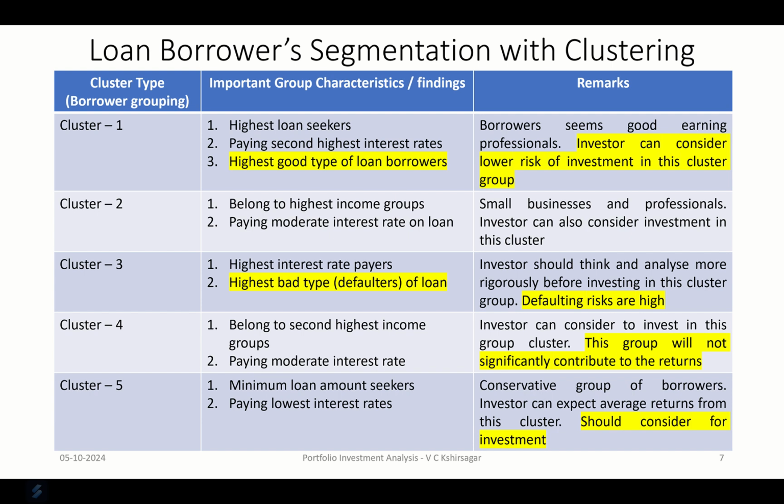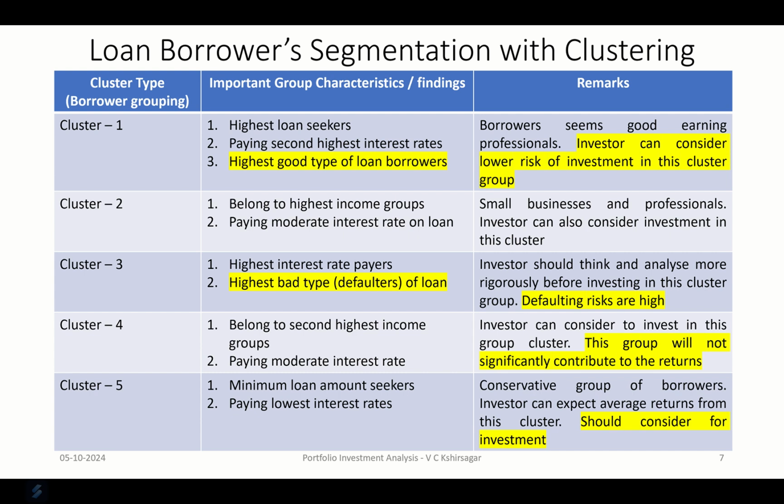Now from this second column, we observe that cluster 1 type of loan borrowers are found to be most loyal for their loan repayment, while cluster 3 loan borrowers are found to be most defaulters.